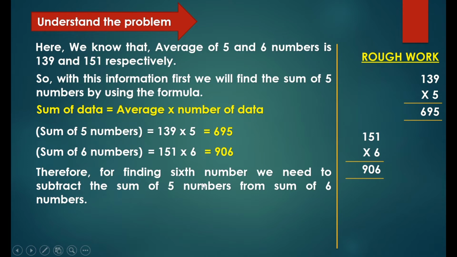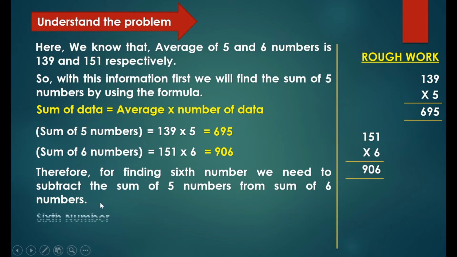Therefore, for finding the 6th number, we need to subtract the sum of 5 numbers from the sum of 6 numbers. You got the sum of 5 numbers, sum of 6 numbers. Now what you have to do, you have to find the 6th number.